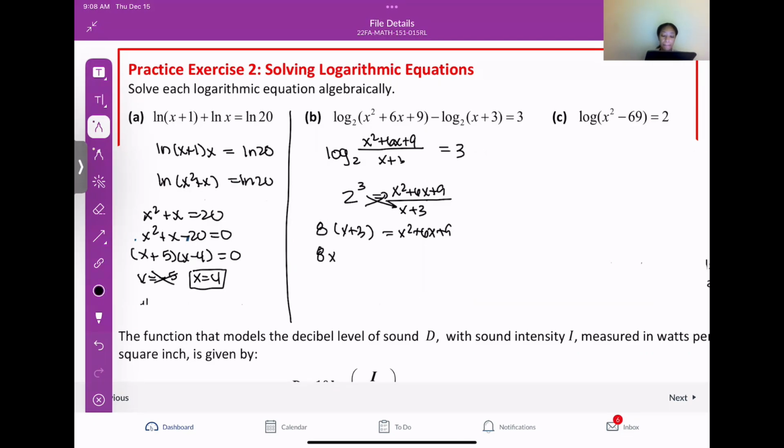Then 8x plus 24 equals x squared plus 6x plus 9. Then 0 is equal to x squared minus 2x minus 15. So 0 is equal to x minus 5 times x plus 2, which gives us x equals 5 and x equals -2 as solutions. The -2 is extraneous. All right, so only x equals 5 is a solution.